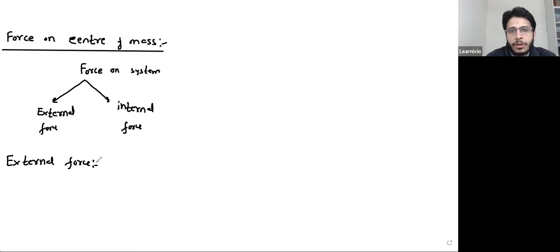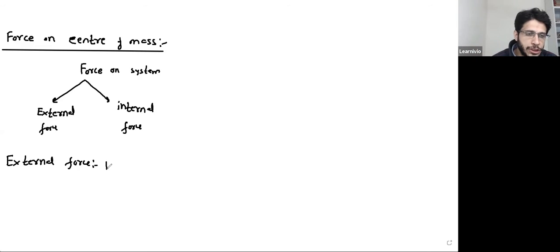The force which Earth exerts on the moon or moon exerts on the Earth is internal force, because Earth and moon are the parts of the system. But if sun is exerting some force over Earth, then that force is external. If sun is exerting some force over the moon, then that force is external. So forces applied by the parts or constituents of the system are known as internal forces. But the force applied by the agencies out of the system are external forces.